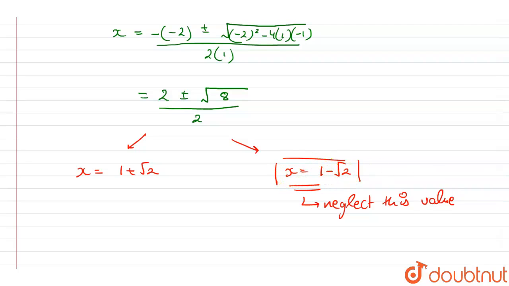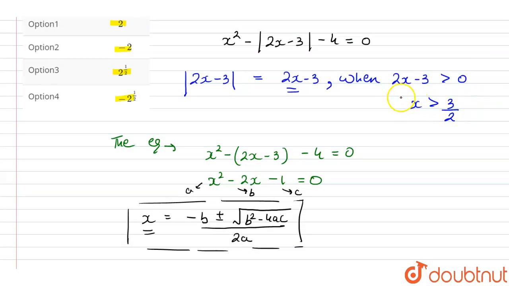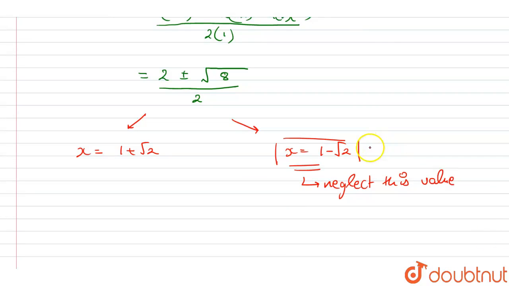So the value of x is less than 3 by 2, but we needed the value of x greater than 3 by 2. In this case the value of x is less than 3 by 2, right? So this value will be neglected, and we'll only be using the value of x that is 1 plus root 2.